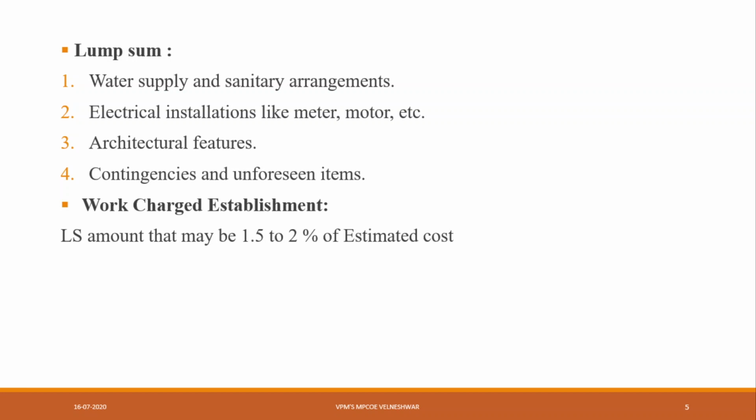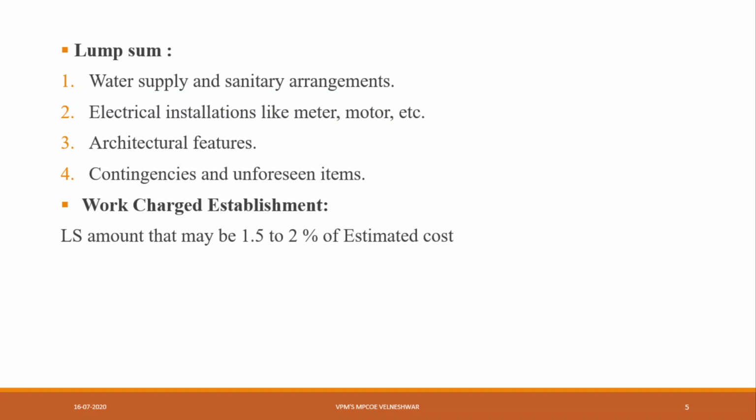And the last one is your contingency and unforeseen items. There may be an accident or any items that you have not planned during the project, but that may come under your plan after some days. Those items are called unforeseen items, you have to pay for that.